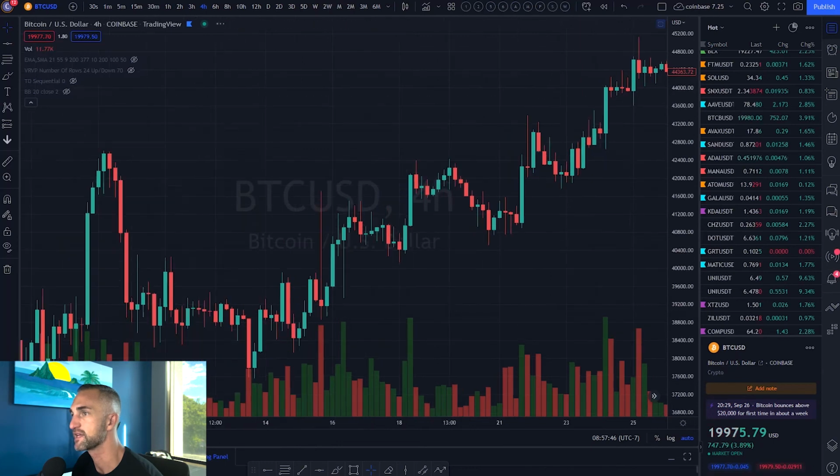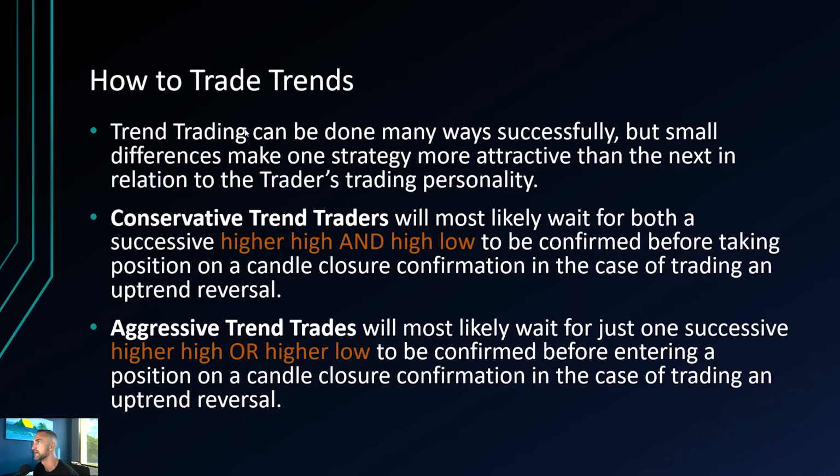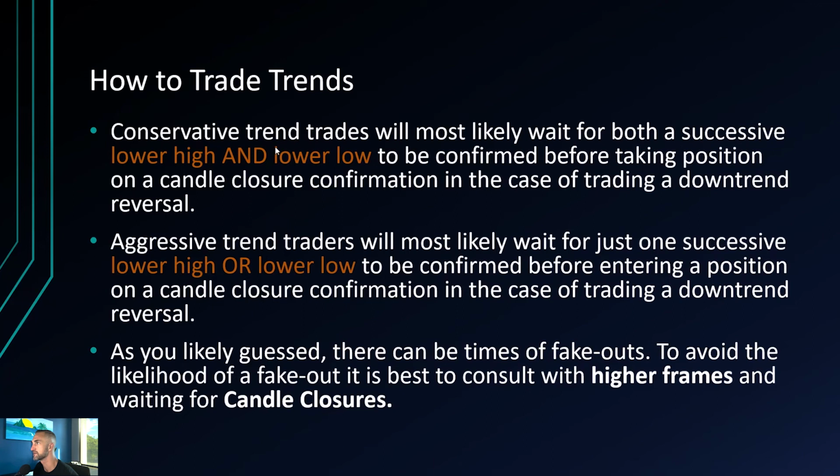And then let's take a look at how to trade trends on the downside. So again, conservative trend traders will most likely wait for both a successive lower high and lower low. Aggressive trend traders will most likely wait for a lower high or lower low to be confirmed, entering a position on a candle closure confirmation in the case of trading the downtrend.